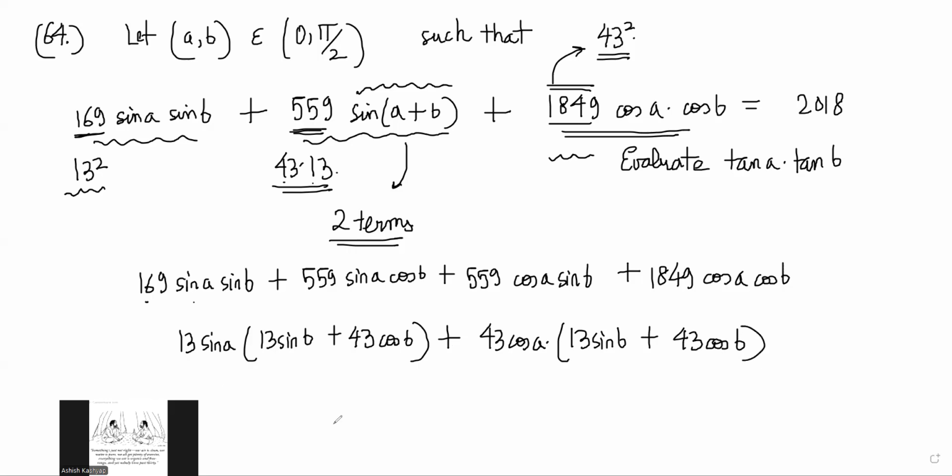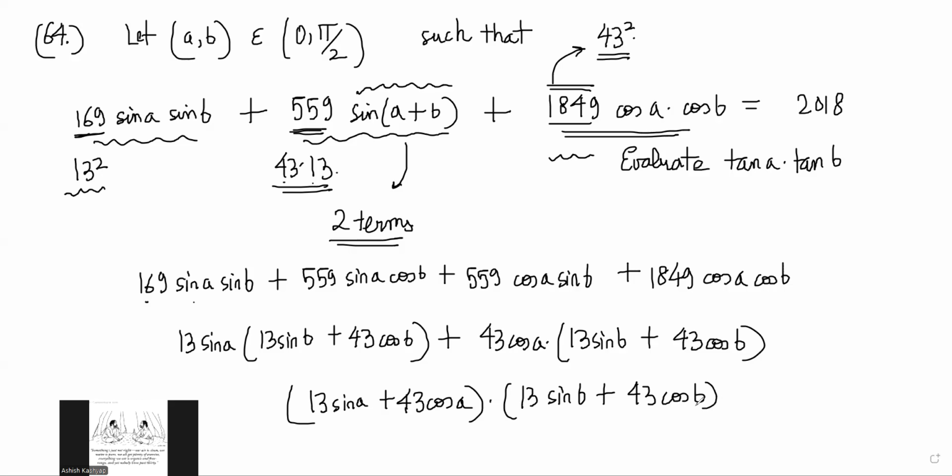Are you seeing what is happening? So it is becoming nice factors: 13 sin A plus 43 cos A times 13 sin B plus 43 cos B, right? And they are saying that it is equal to 2018, right? So now at this step, you should also think about what is 2018.